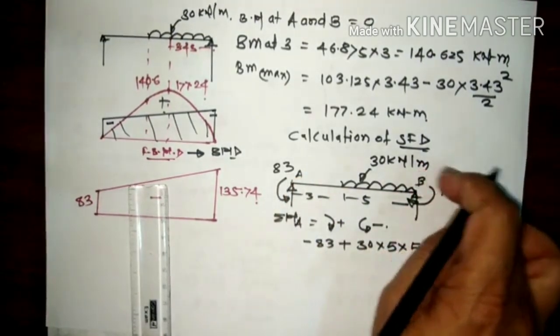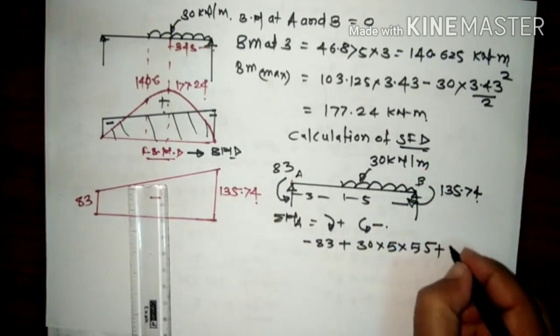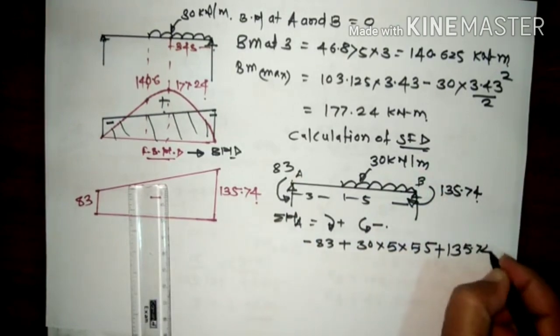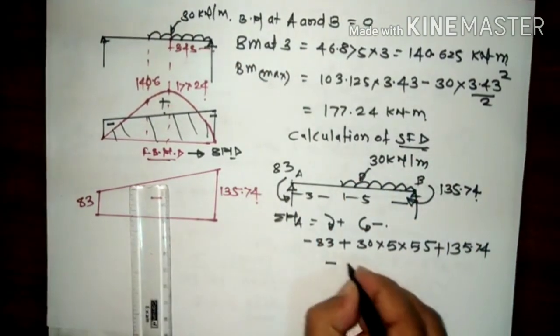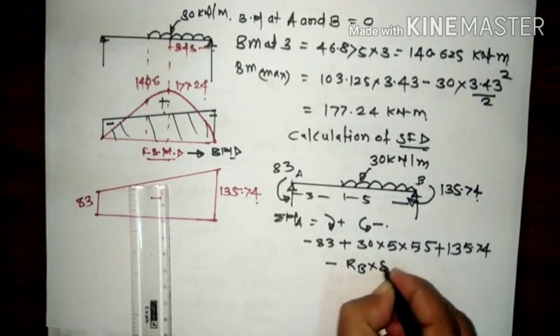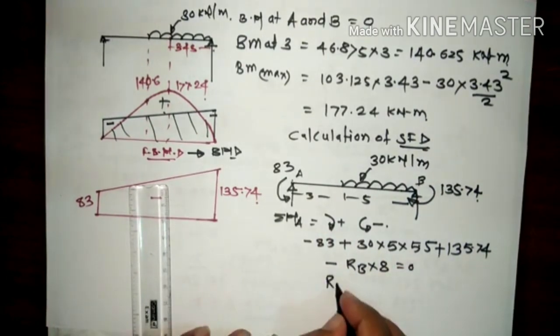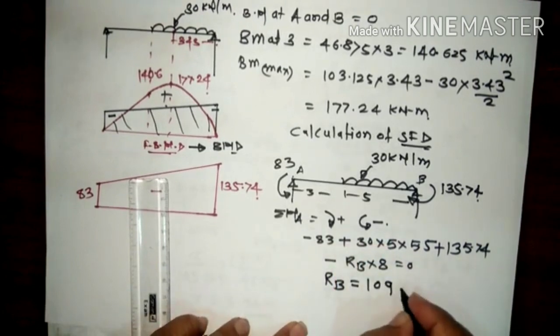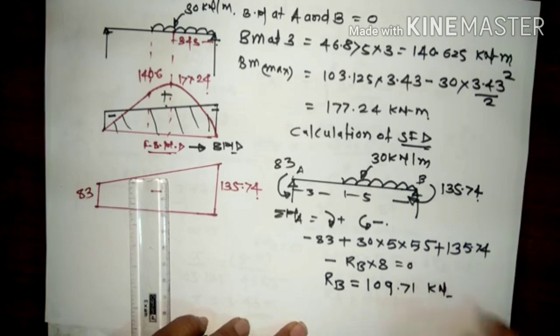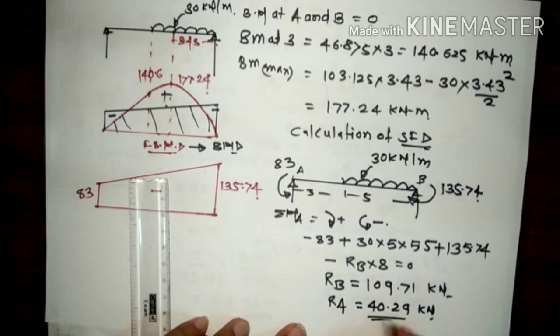Then this moment is again clockwise, so plus 135.74. Considering upward, minus RB into 8 is equal to 0. So RB becomes 109.71 kilonewton. If you apply sigma FY, RA becomes 40.29 kilonewton. These are our reactions for the shear force diagram.